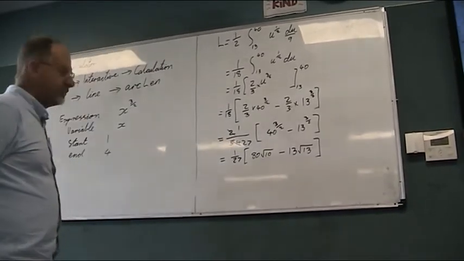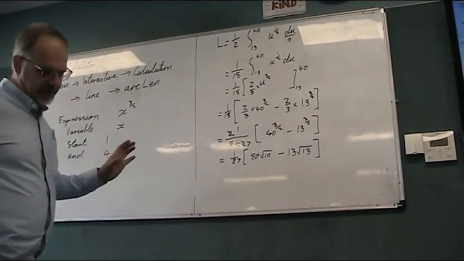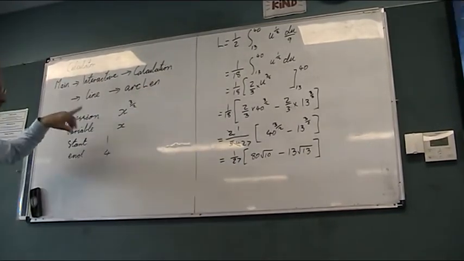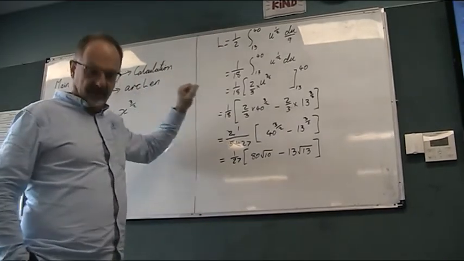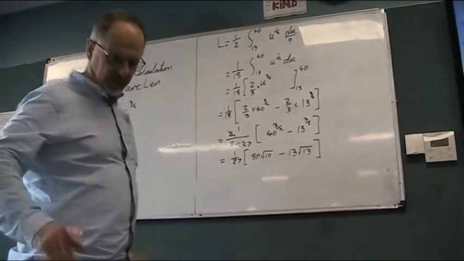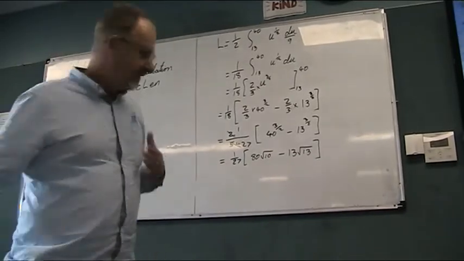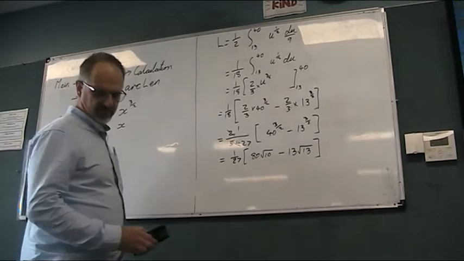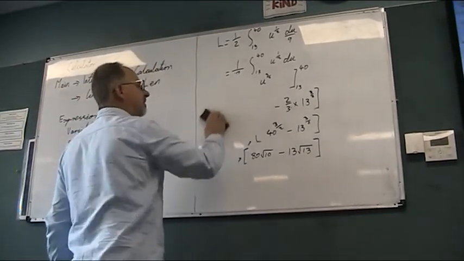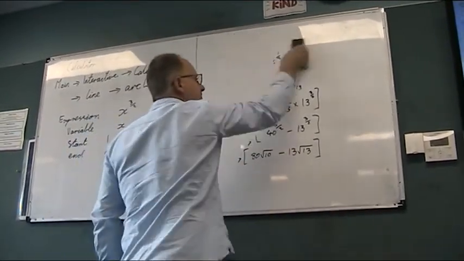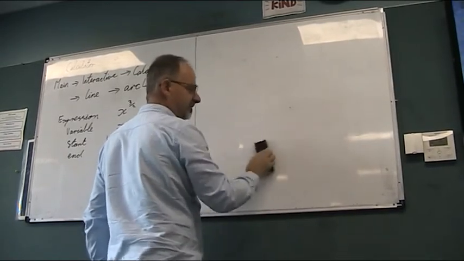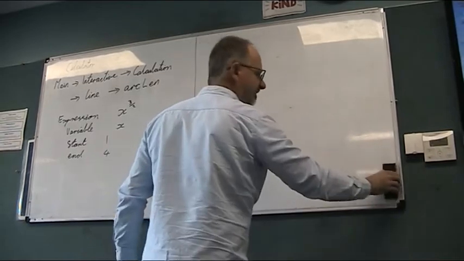So there is a version of the length formula that we've done, which I've now rubbed off, for parametric equations. So that's when you have your function, rather than f(x), or y equals something in terms of x, you've got x and y in terms of another parameter, say t for example.